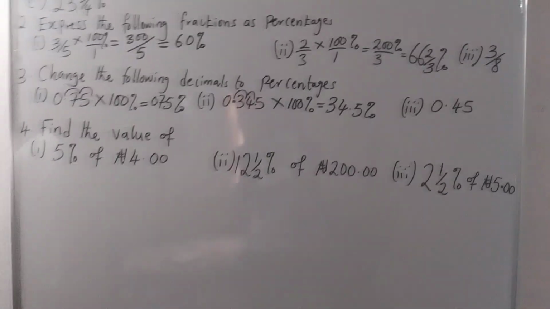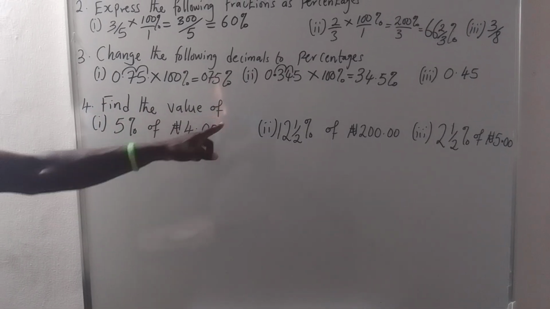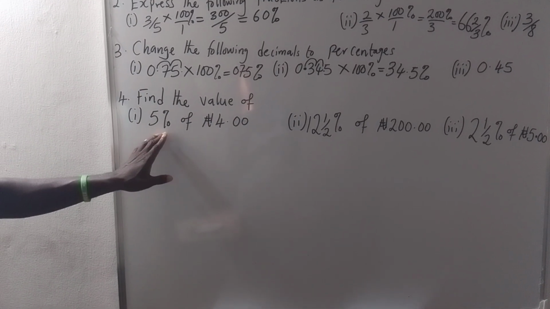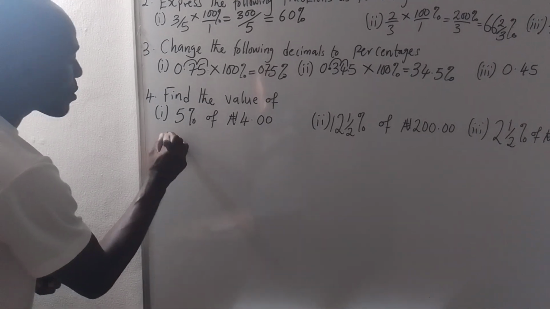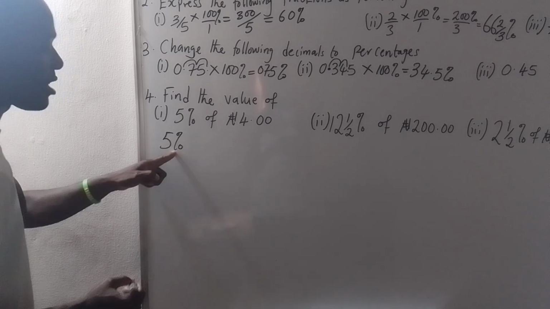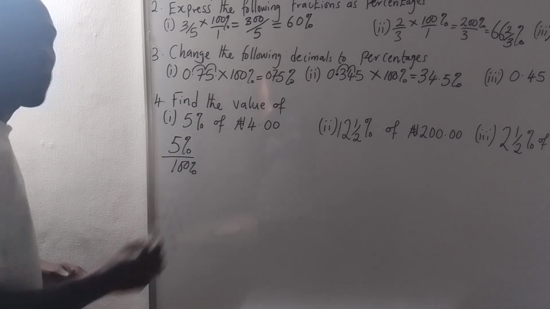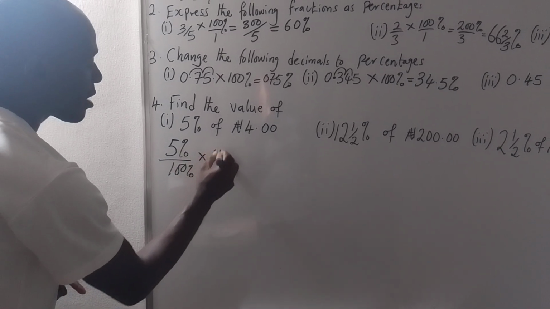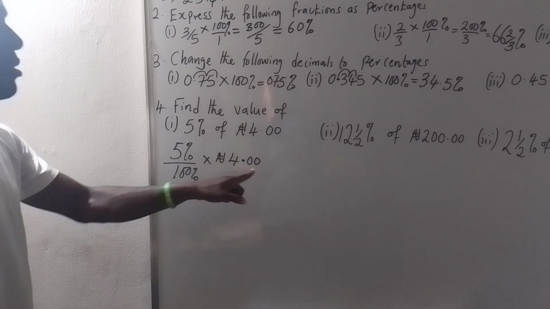Now let's look at number 4 question, which says we should find the value of 5% of 4 naira. Now this 5 has percentage on it. So remember, if a question has percentage, we divide by 100%. Of means multiplication, multiplied by our 4 naira. This is 4 naira, 0 kobo.